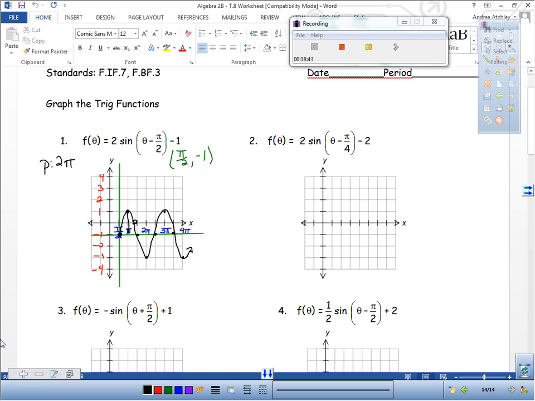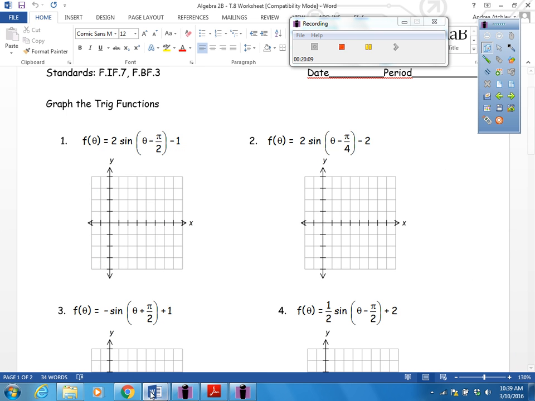And then 3 over 2 pi and 0, and then 2 pi should be at -1. These ordered pairs should exist. 2 pi, -1. That's an ordered pair that your graph should have. Does that make sense? Any other questions over that? We're all good? Okay.